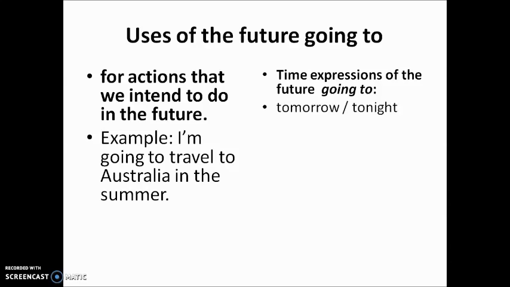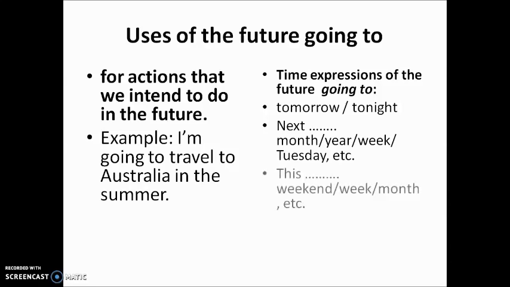For example, tomorrow, tonight, next with a period of time, next month, next year, next Tuesday, next century, etc. Also, this and a period of time, this weekend, this week, this month, etc. Also, in an hour, in a year, in a month, in a few days, and the last one is soon, which means very near.